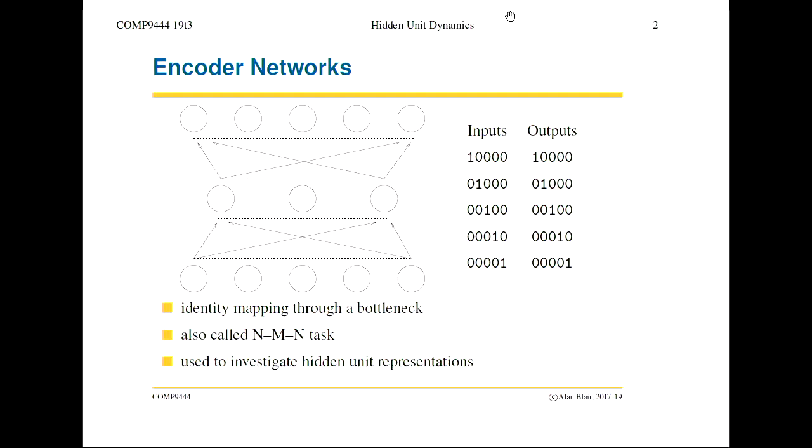So this is sometimes called a 1-hot encoding because one of the inputs is hot and the others are not. Or it's called a 1 in n encoding, right? So if we have 5 inputs, there's just these 5 patterns, and as you can see, the target outputs are exactly the same as the inputs.